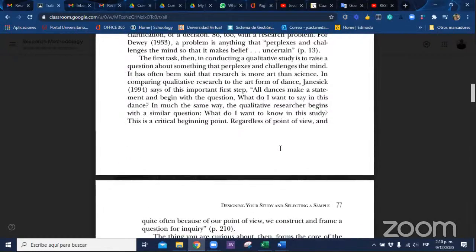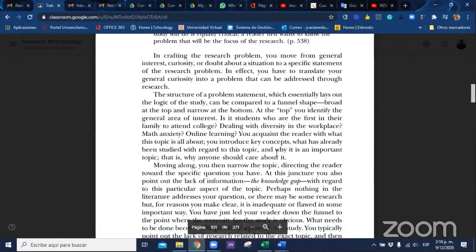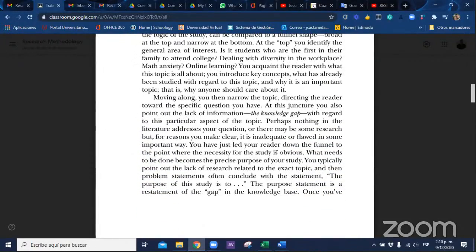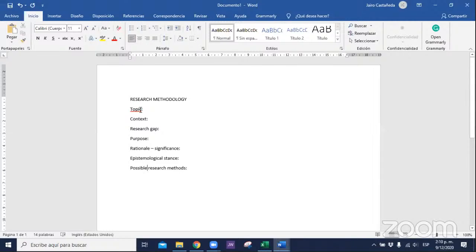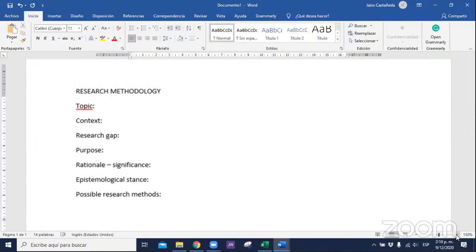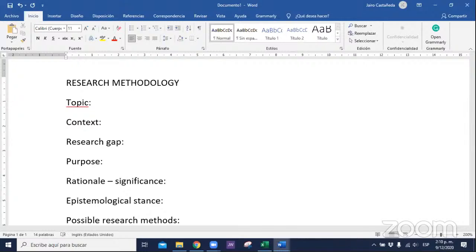The second part is that this context can be elaborated from two different sides. I'm going to show you here, right? So this context, I'm going to make a little bigger. This context can be determined from two different sides.